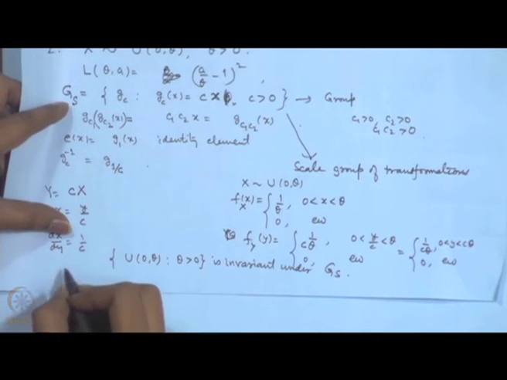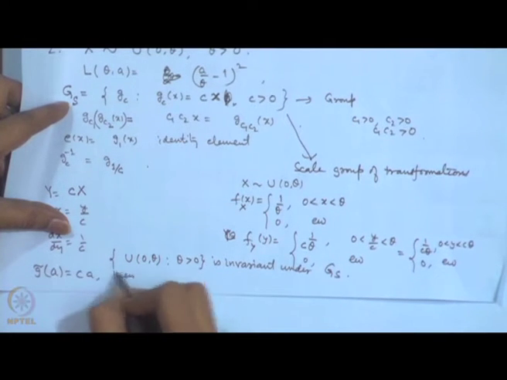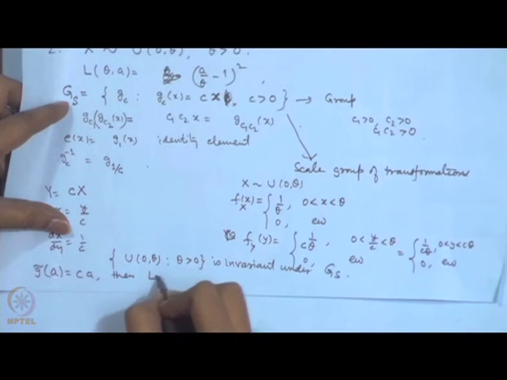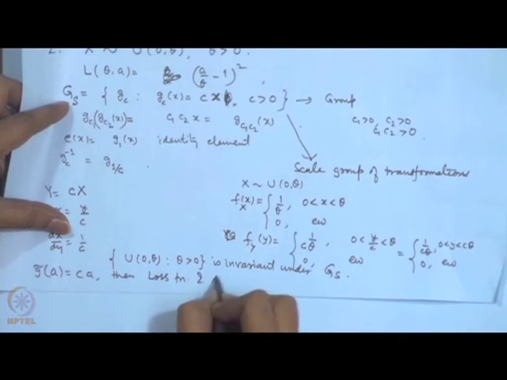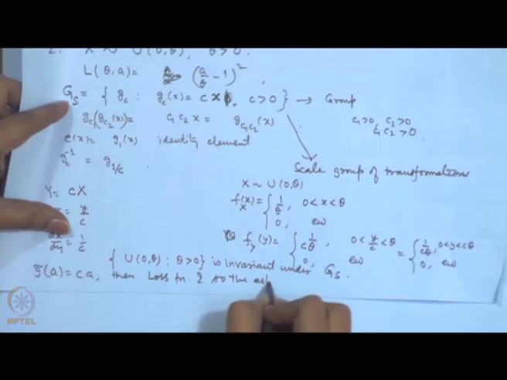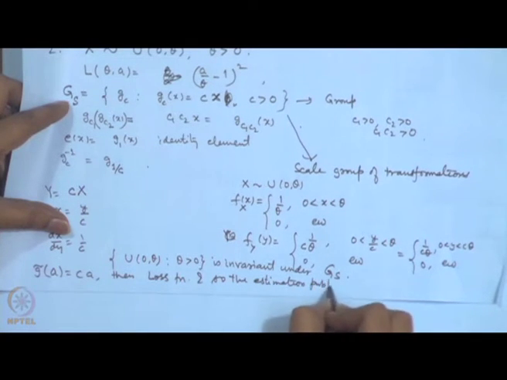If we consider g tilde a is equal to C a, then loss function, and so the estimation problem is invariant.